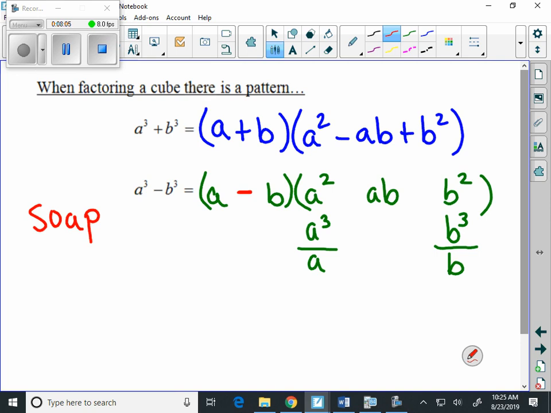The next sign is going to be the opposite of whatever you wrote down first. So same, opposite sign, and then the AP, always positive. This value here is always positive.